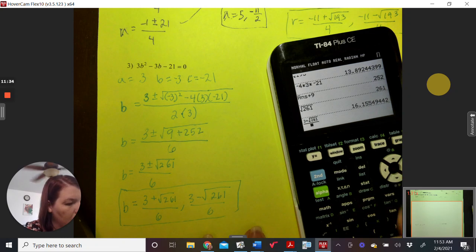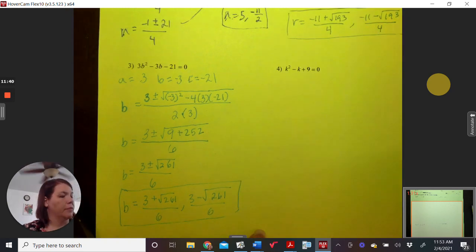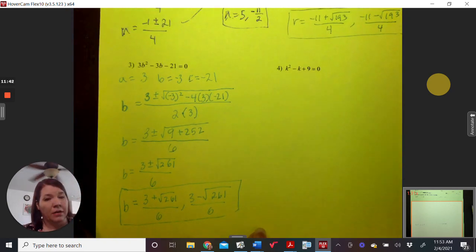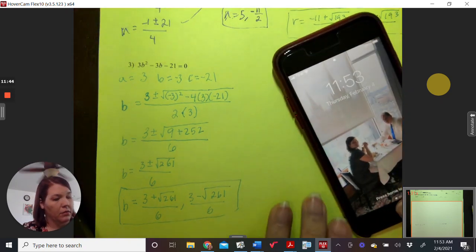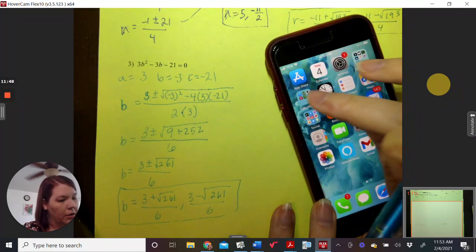Ta-da, decimal. Recommended phone calculators, the things I'm looking at. I recommend phone calculators, not that one.